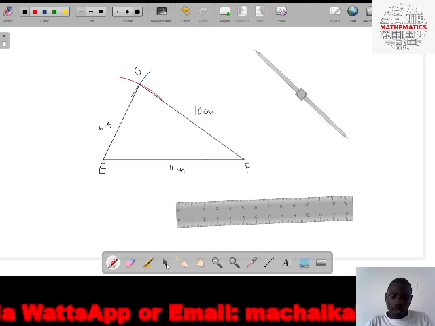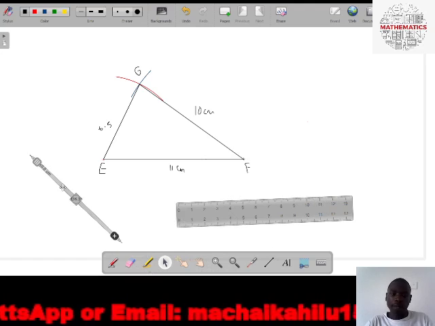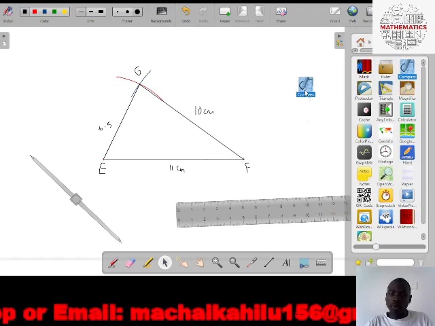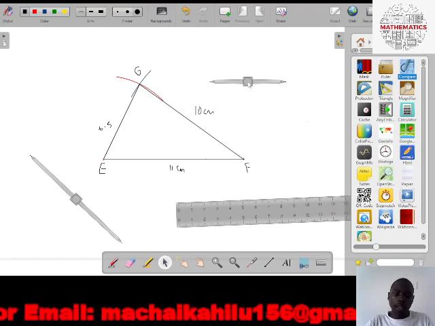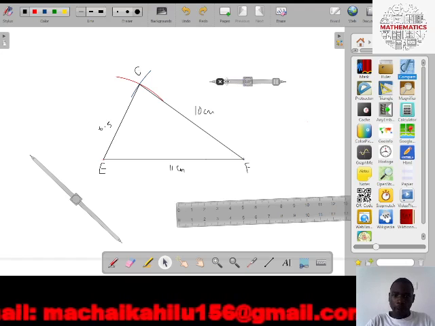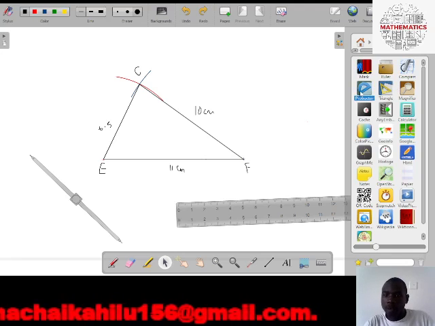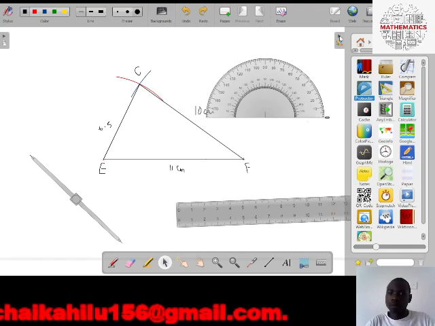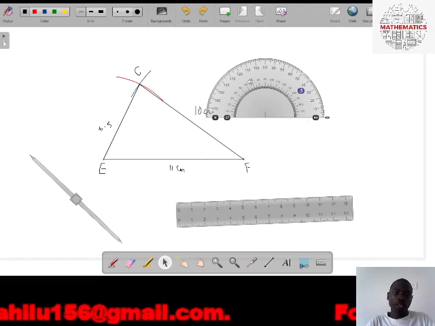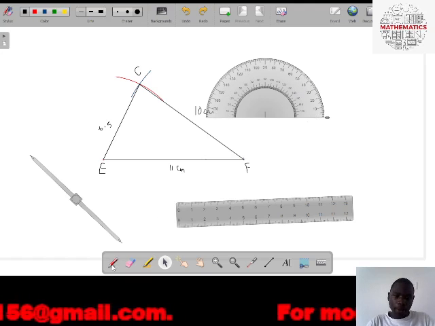To do that, we need to have a protractor nearby. Without a protractor, we cannot measure that. So let me get a protractor. This is an instrument that we use to measure angles. We can measure this one.